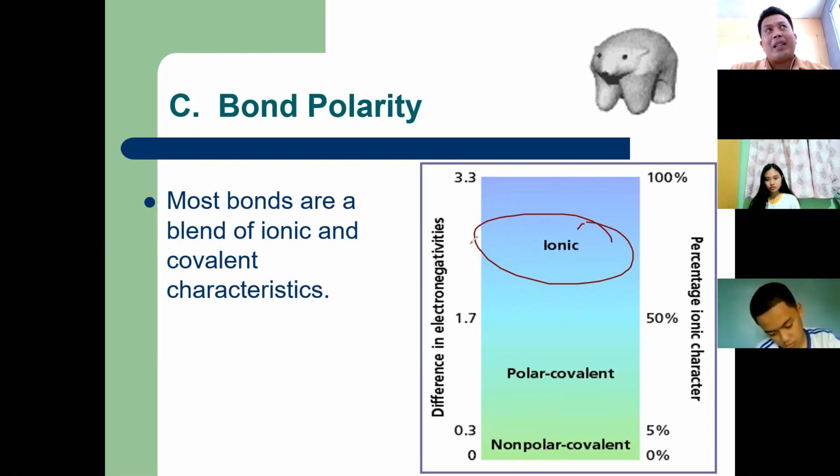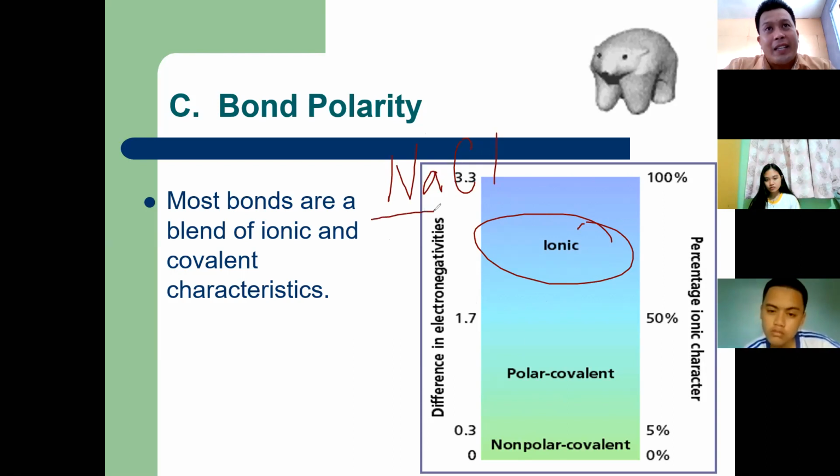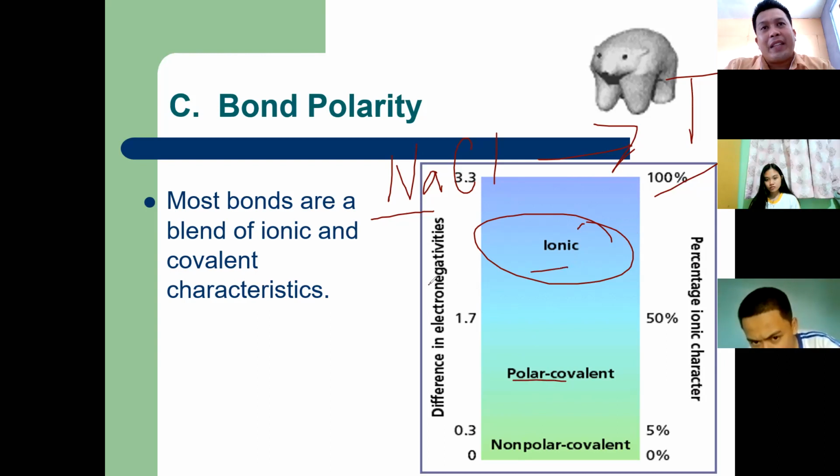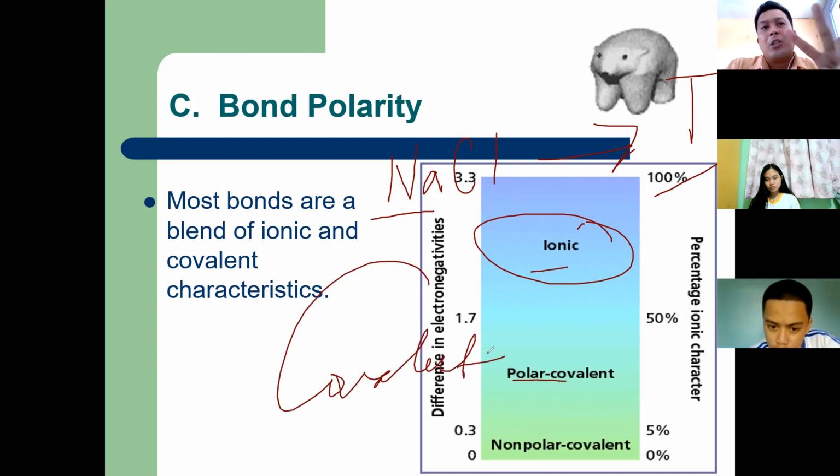Still, it's covalent, but it showcases an ionic behavior. Sir, do we have to know if sodium chloride is polar or non-polar? The answer is no, because sodium is a metal, so this is understood to be an ionic bond. You will only determine if it is polar, non-polar, or ionic if it is a covalent bond. And what is a covalent bond? Two non-metals.